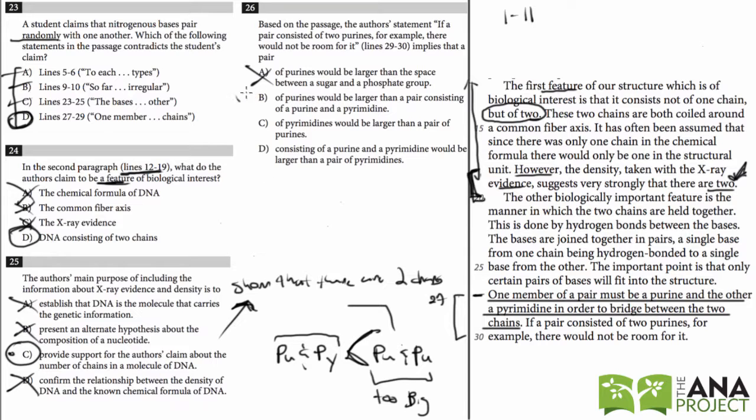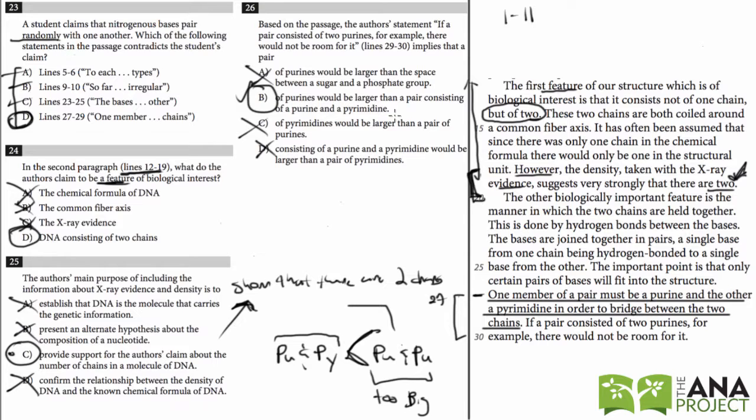Okay, this is what we said. C, implies that a pair of pyrimidines would be larger than a pair of purines. It doesn't say that. D, implies that a pair of purines and a pyrimidine would be larger than a pair of pyrimidines, which is not what we just said. So B is exactly what we said.